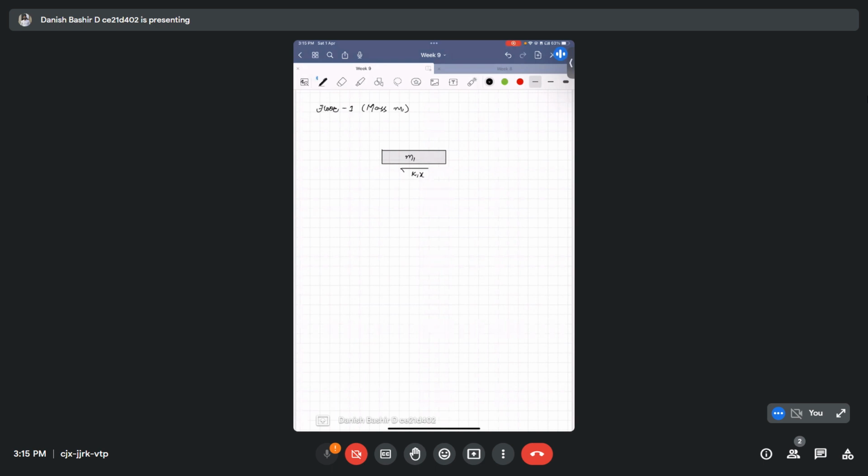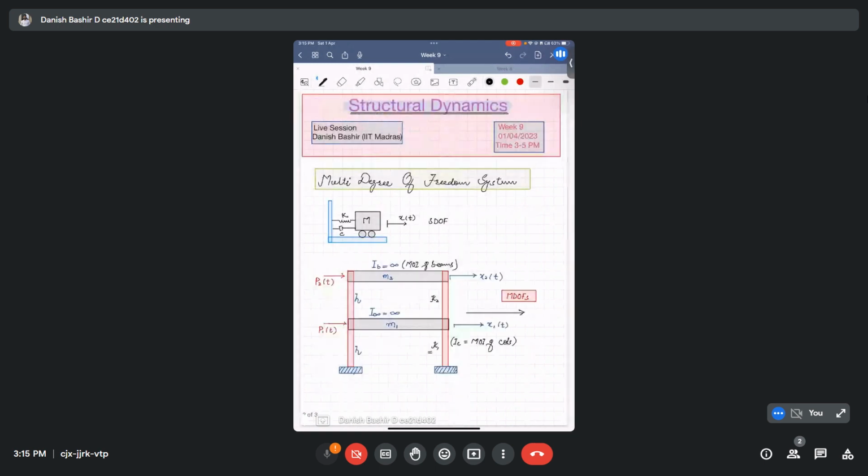And one more thing is that the dynamic excitation at floor level P1 is acting in this direction. P1 of t. Above the floor level, this has x1 displacement here, and above it is x2 displacement. So with respect to the columns above this floor, it has a relative displacement of x2 minus x1.